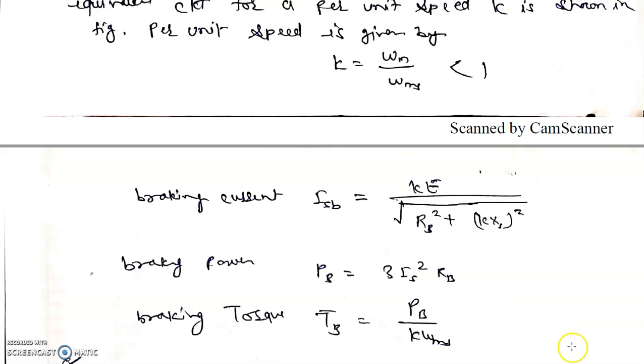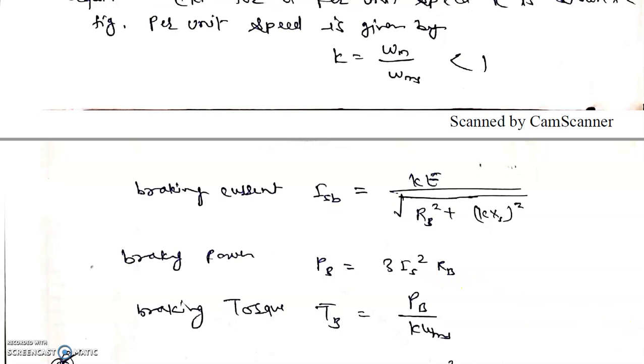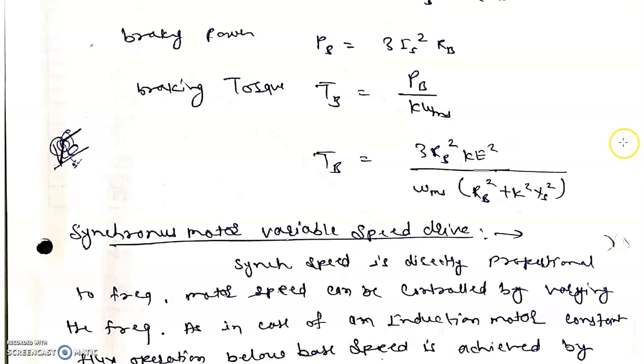Similarly, the braking torque TB is given by braking power PB upon K omega ms. By putting in the value of current, we get the expression of braking torque as 3 RB square KE square upon omega ms RB square plus K square Xs square.